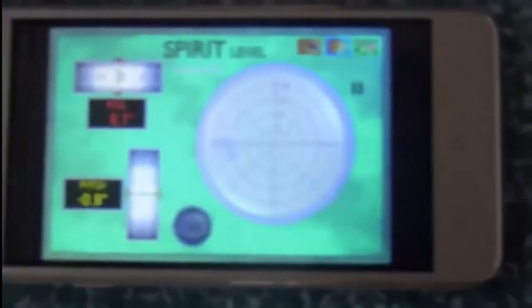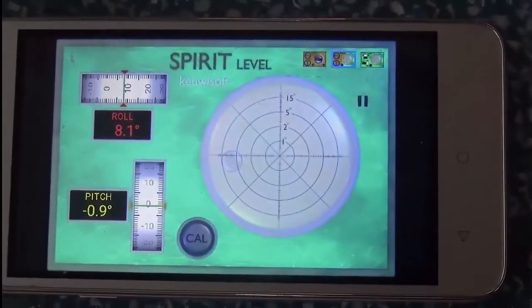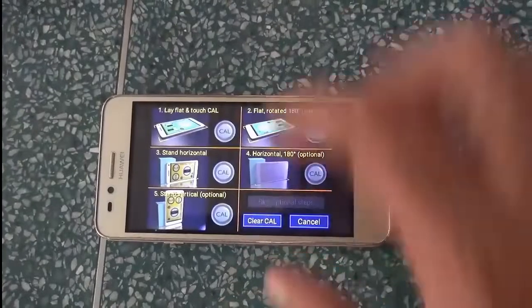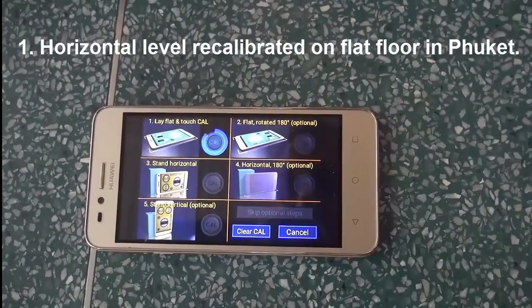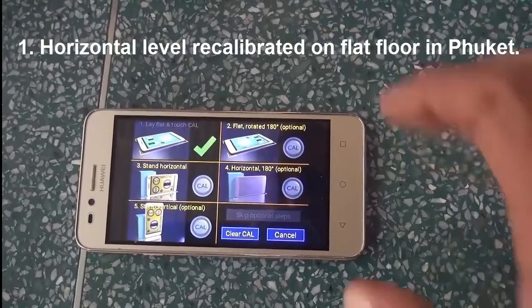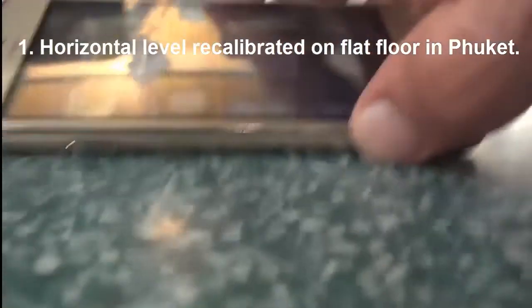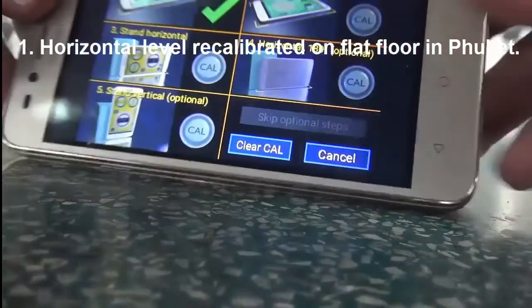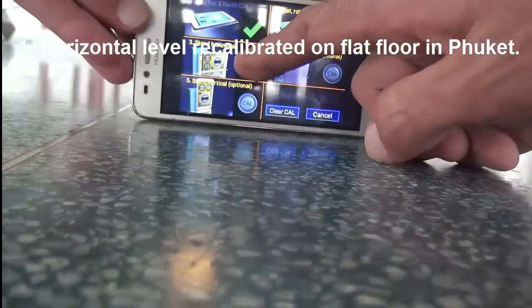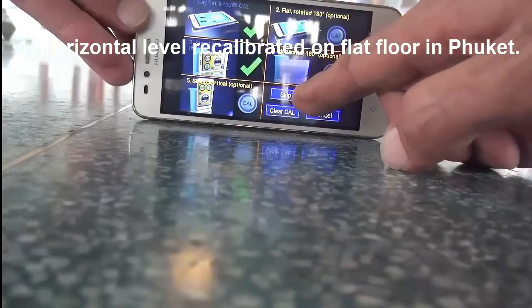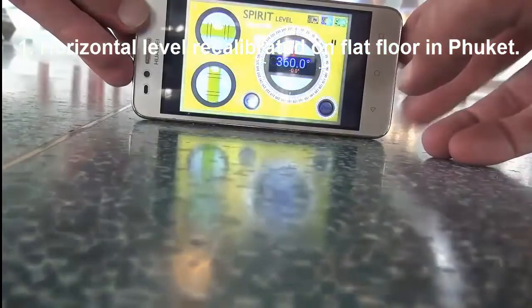Put it on the floor again, and the floor's level, but it thinks it's out of whack. So now I'm going to calibrate it for being on the level. Okay, let me just stand this up again. Calibration complete.